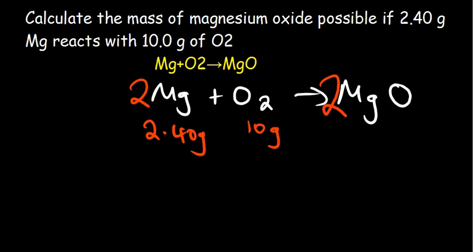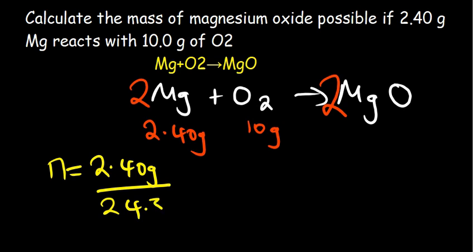So we can determine the number of moles of magnesium. The number of moles of magnesium is given as the mass over its molar mass. The mass is 2.40 grams, and we are dividing by the molar mass, which is 24.31 grams per mole.